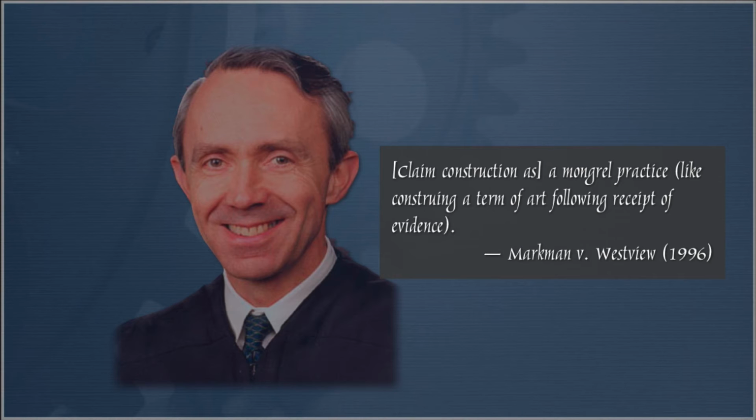Well, this indicates that right from the outset, the Supreme Court was thinking of claim construction as neither a pure question of fact nor a pure question of law. That instead, it was somewhere in between. It was this sort of mixed creature, or as Justice Souter says, a mongrel that fits somewhere between the two concepts of fact versus law.